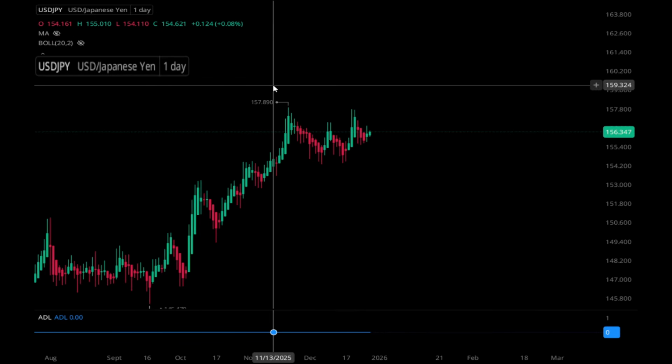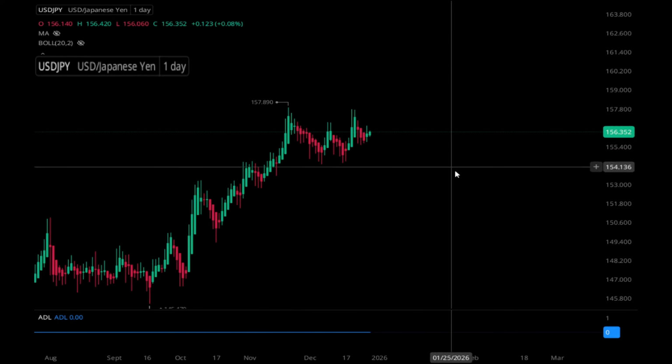If the interest rates are pulling up higher, then the dollar will be pulling up, unless there's some absurd collateral or deal going on. But in general, that is how the dollar will be trading. Now, with the dollar pulling downward and the interest rate pulling downward, we should be seeing the yen gaining strength. We should be seeing the USD yen dropping.